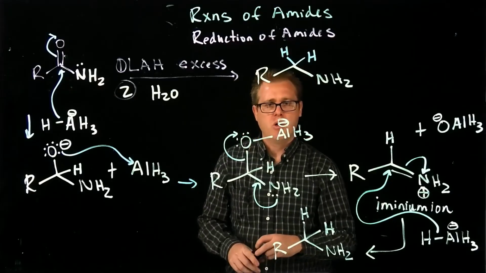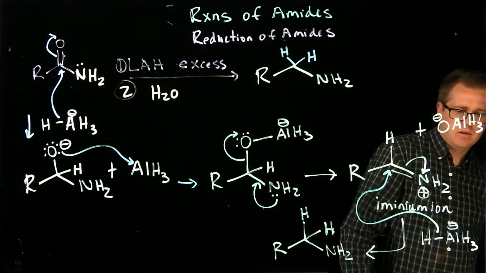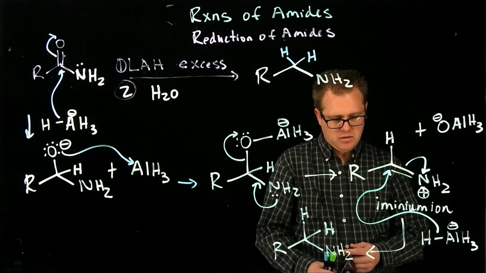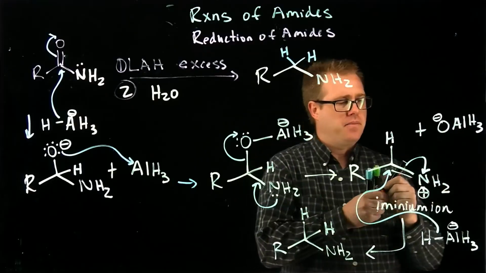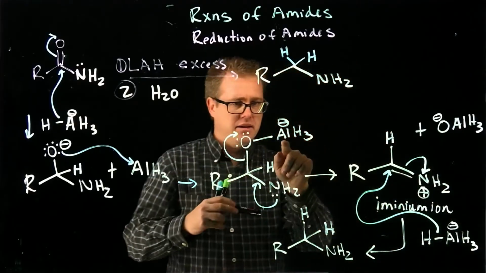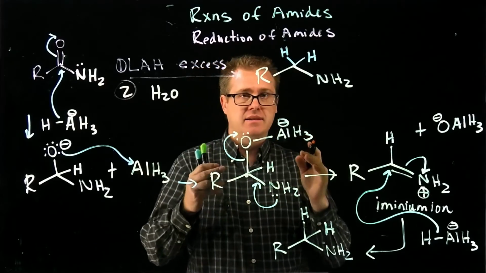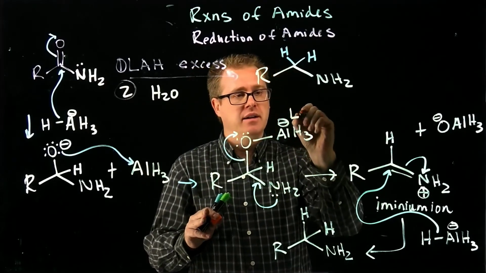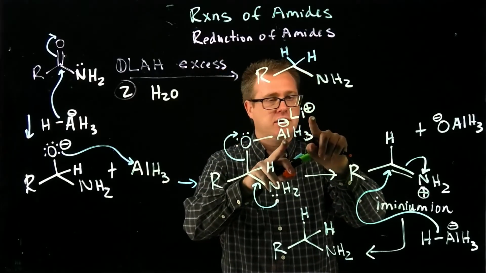Let me take a moment to look something over. So let's just clarify this piece right here, because the aluminum's negatively charged here. But note that it's lithium aluminum hydride, so you have the counter ion right next to it.